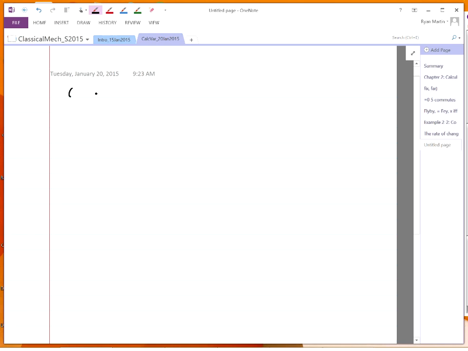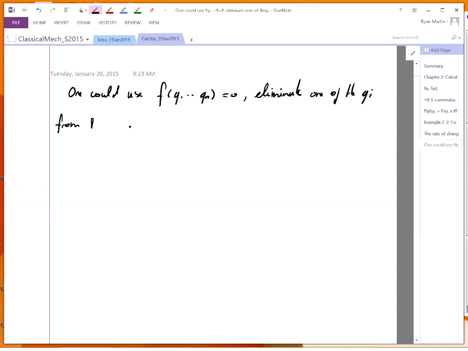So let me just say that one could use the f of q1 to qn equals 0 to eliminate one of the qi from F, and proceed with n minus 1 qi.